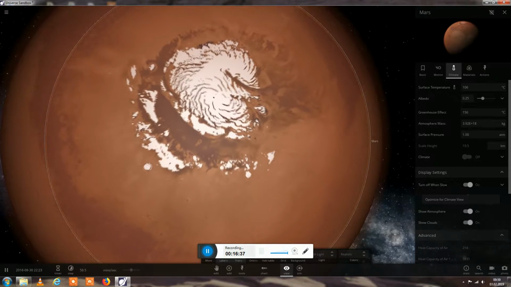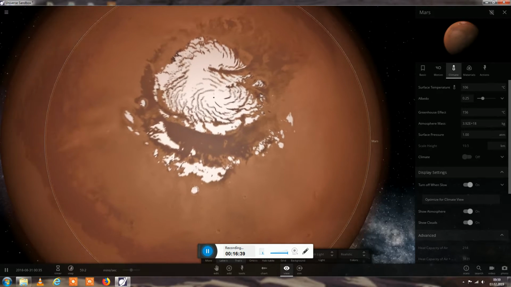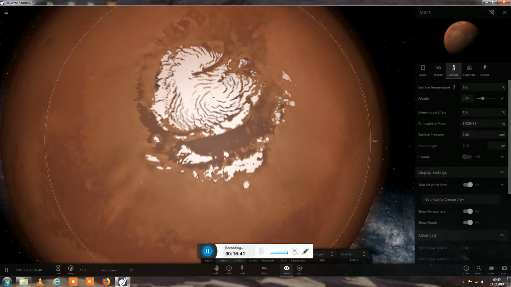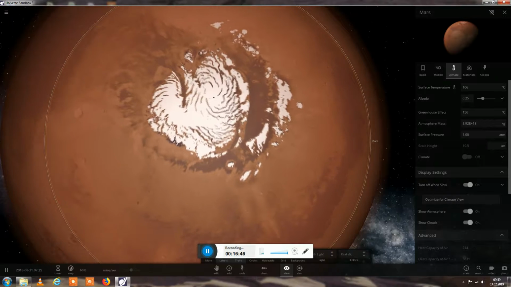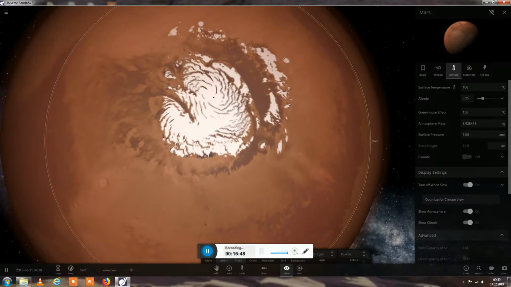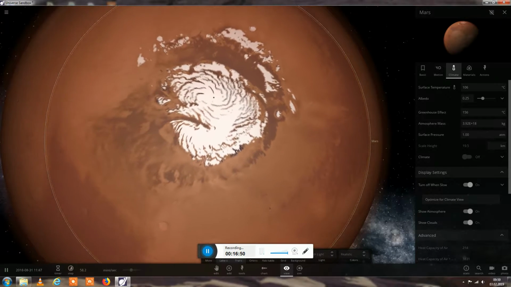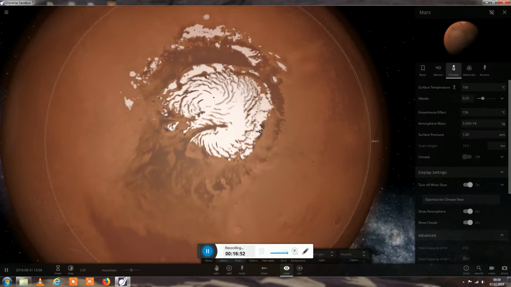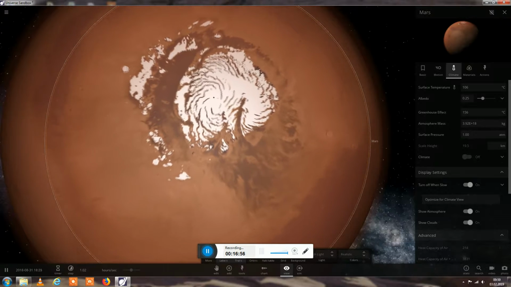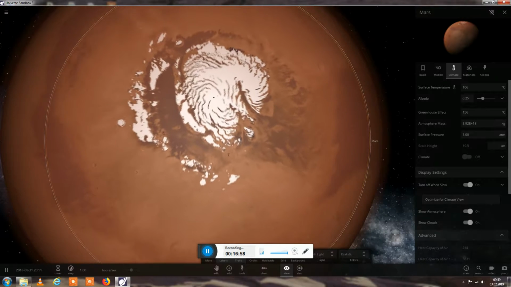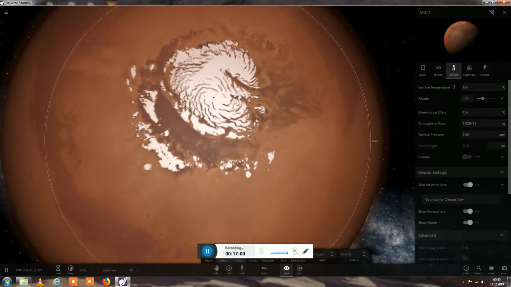As I said, there is water at the poles, but there's also underground ice as well. How much there is, we don't know. We can tell there is water beneath the surface, at least in the form of ice, but we're not sure yet on the exact volume.